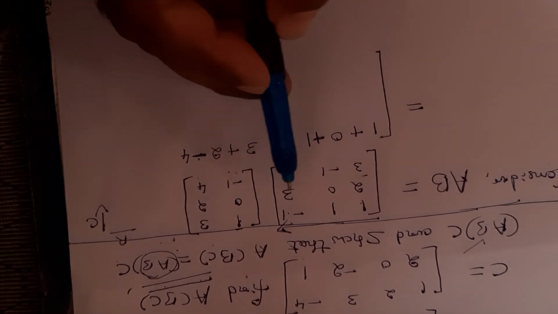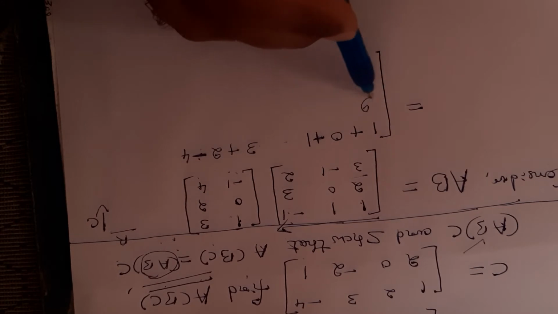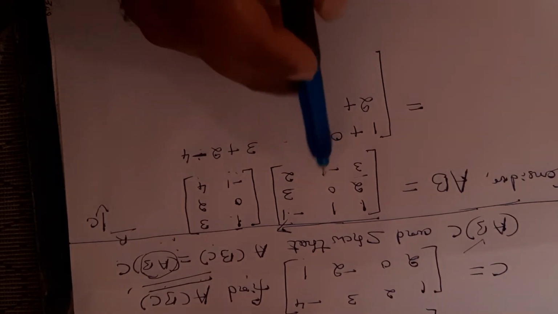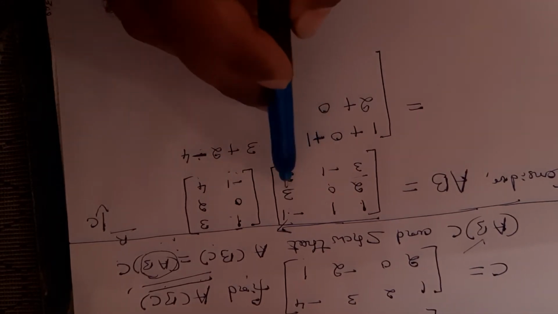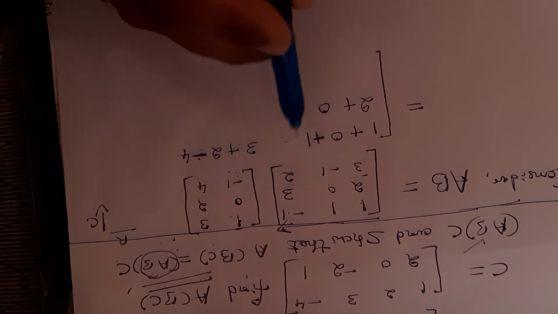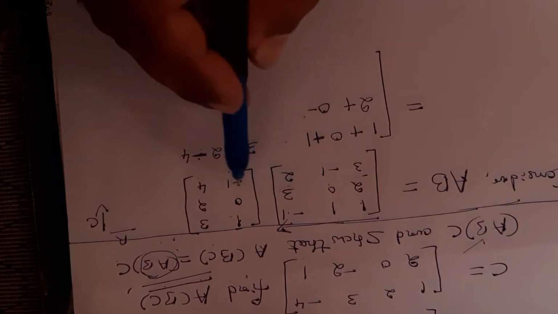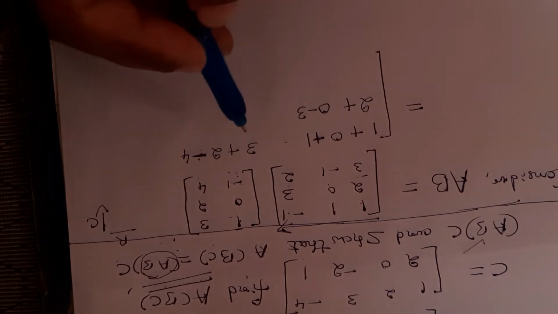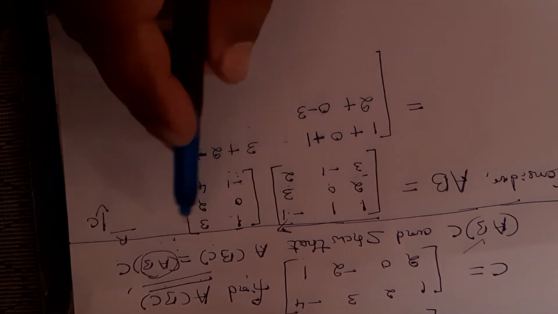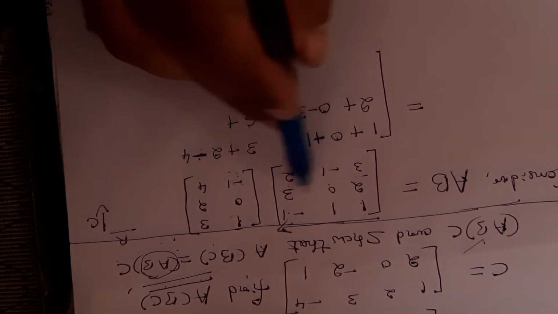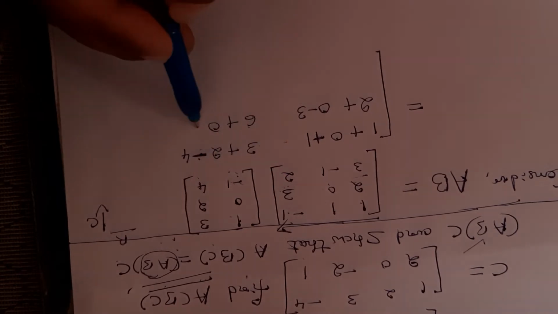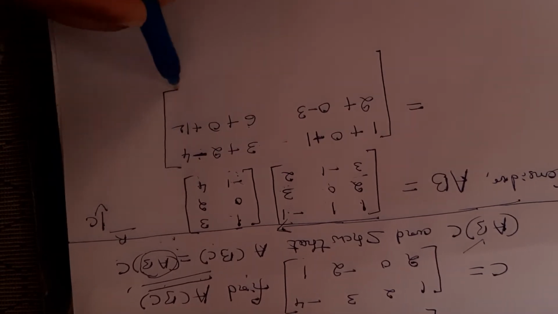Then consider the second row. 2 into 1 is 2, plus 0 into 0, 0, and minus 1 into 3 is minus 3. Then 2 into 3 is 6, plus 0 into 2 is 0, plus 3 into 4 is 12.